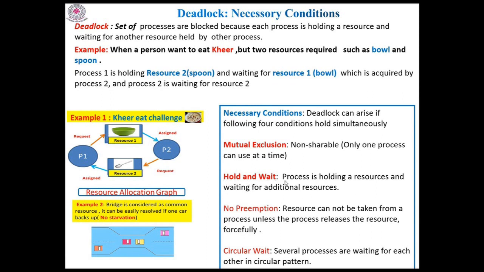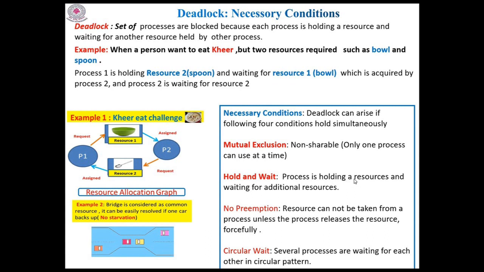Next, hold and wait. A process is holding resources and waiting for additional resources. Where mutual exclusion is there, this problem may occur. Let us see here. P1 is waiting for resource 1, holding resource 2, which is held by another process.